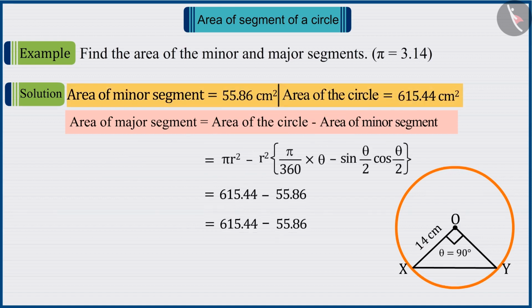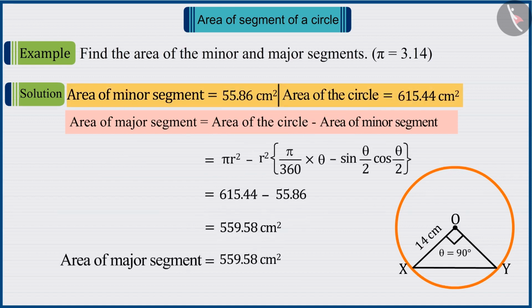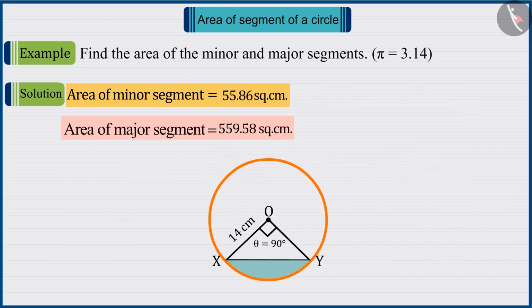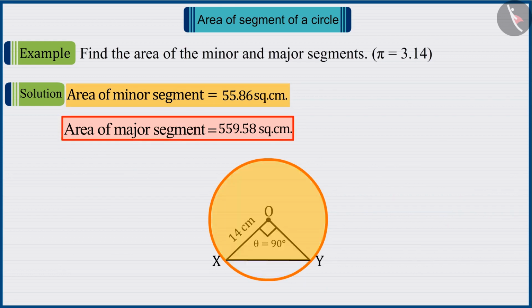On solving which, the area of the major segment is obtained as 559.58 square centimeters. So, we can say that the area of the minor and major segments in the circle are 55.86 square centimeter and 559.58 square centimeter.